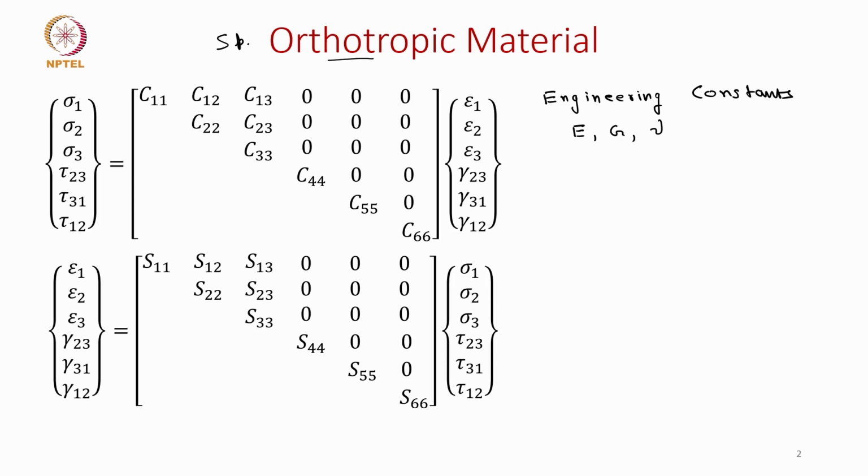The reason is because if we are discussing the elastic modulus E, this value of E depends on the direction. So, for example, E1 means the elastic modulus in direction 1. Similarly, I can write E2 and E3 which represent the elastic modulus in directions 2 and 3.